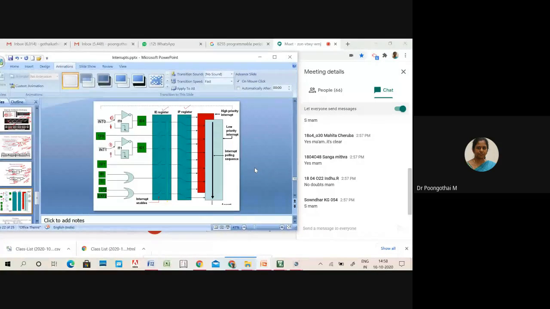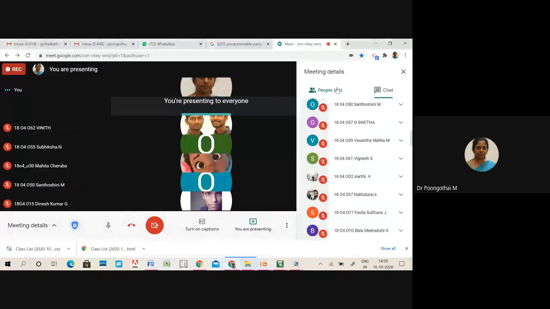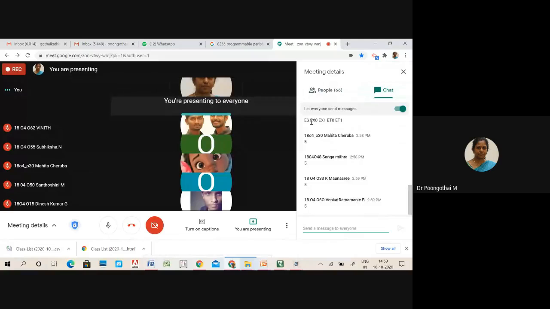How many flags are available? Otherwise I can't proceed. Five. So what are they?